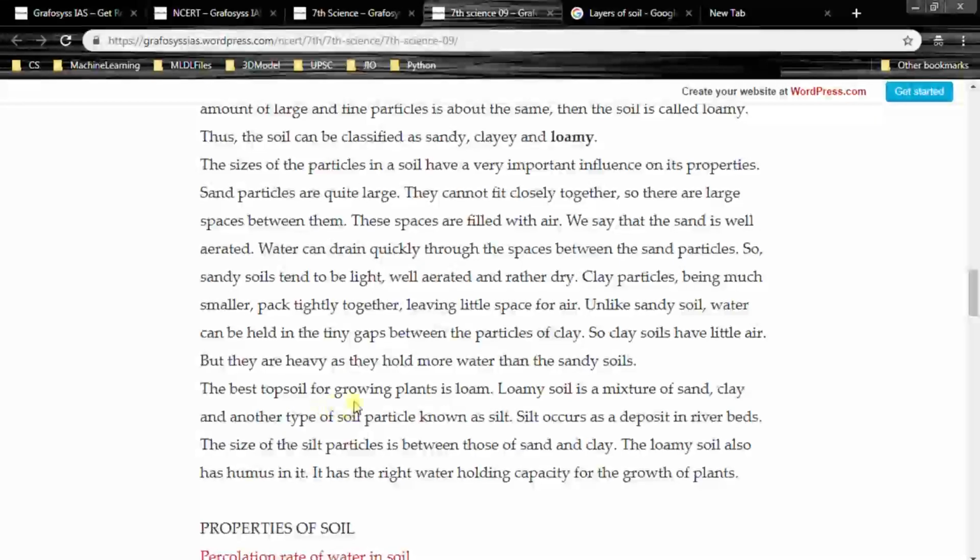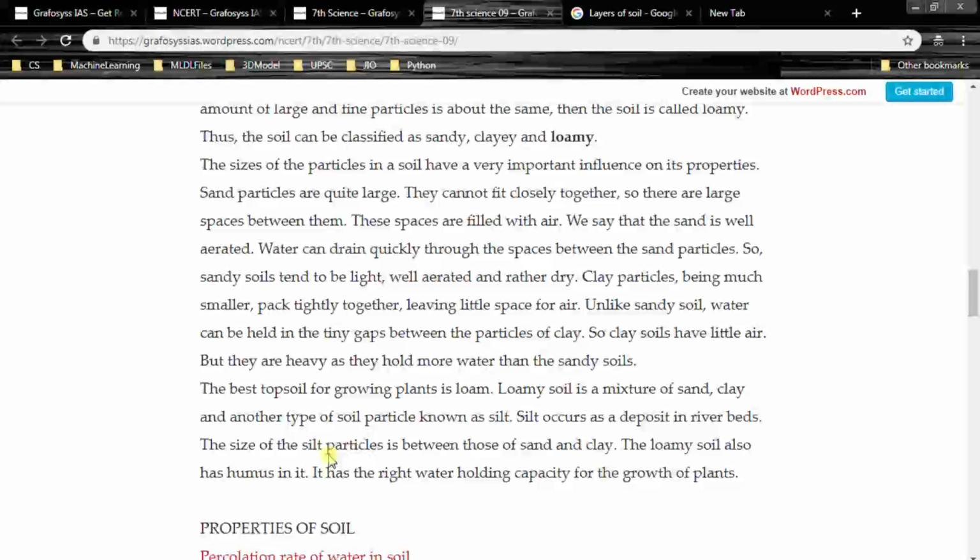The best topsoil for growing plants is loam. Loamy soil is a mixture of sand, clay and another type of soil particle known as silt. Silt occurs as a deposit in river beds. The size of the silt particles is between those of sand and clay. The loamy soil also has humus in it.